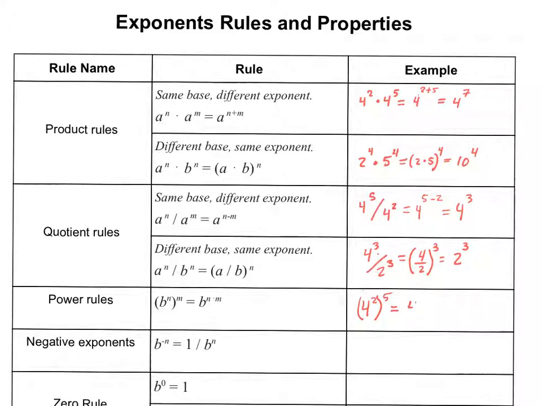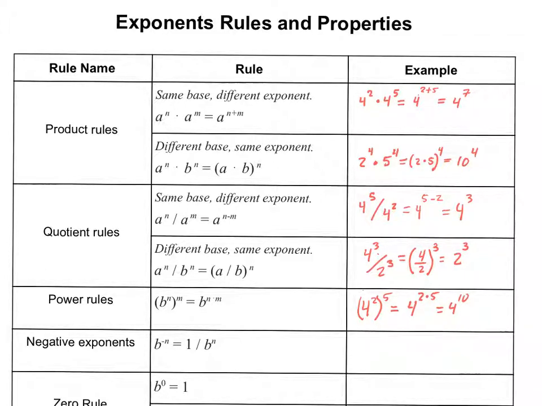So 4 stays the same, and now you multiply 2 times 5, and that will give you 4 to the 10th power. Okay, I know that you could actually just see the 2 and the 5 and know that you need to multiply, and that's how you get 10. But I actually want you to show me every single step, because if you get confused or something goes wrong, I can actually tell you how to fix that error.